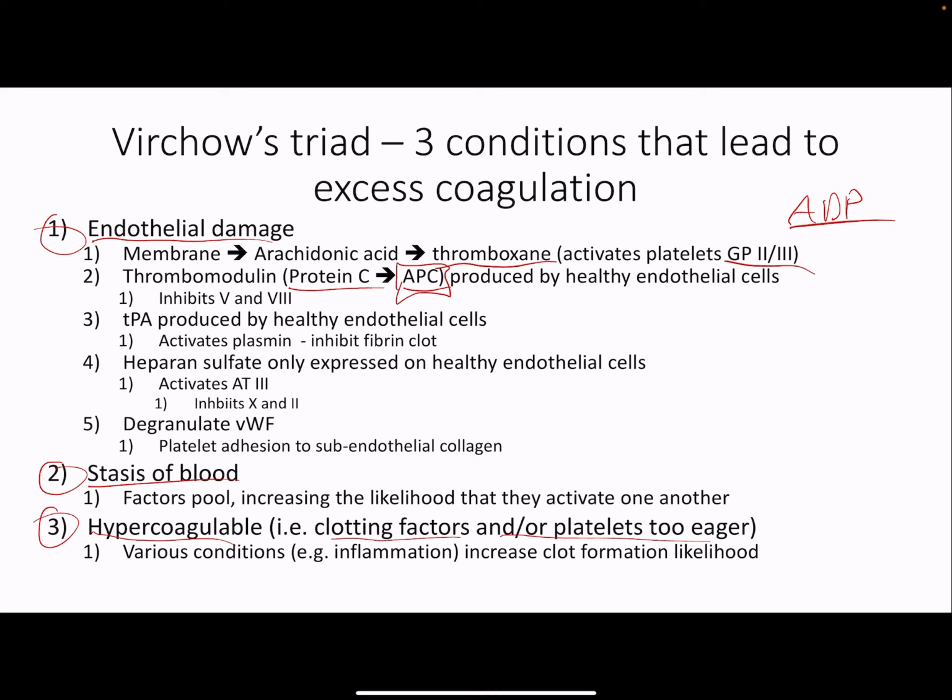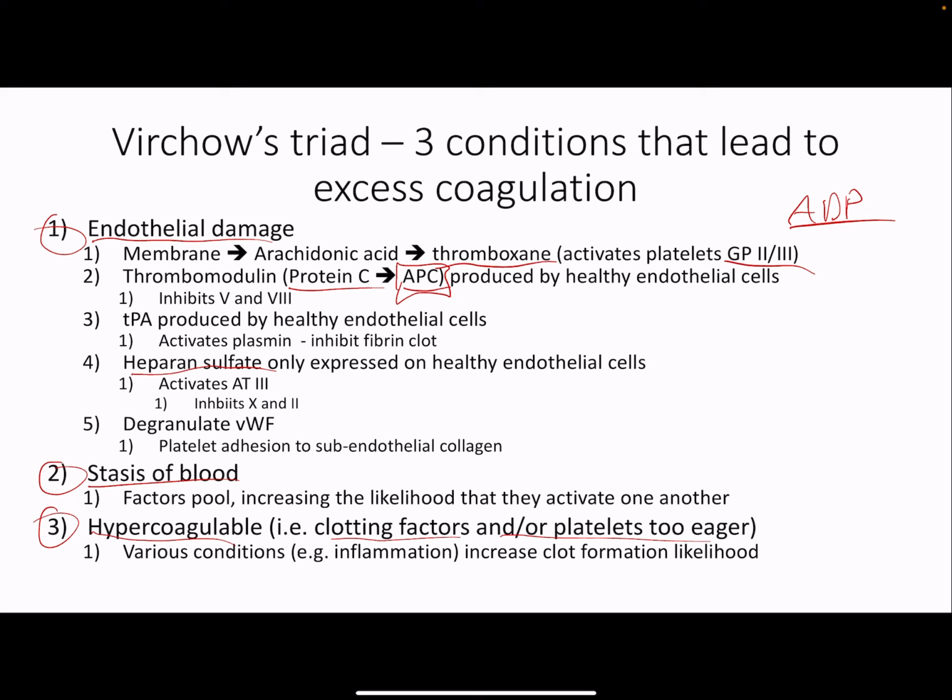If the endothelial cells are damaged, you don't have this, which means plasmin is not activated, which means clotting can develop. Heparan sulfate we've seen is only expressed on healthy endothelial cells. This activates antithrombin 3. Similar effect to APC, this is going to inhibit clotting. But if the endothelial cells are damaged, we don't have this, which means we will have clotting.